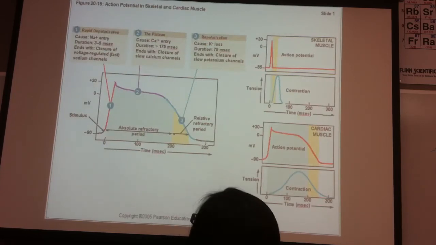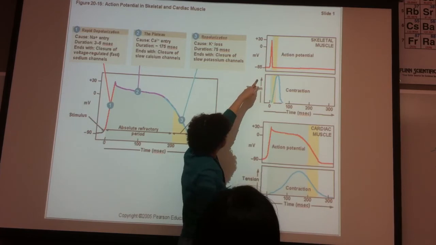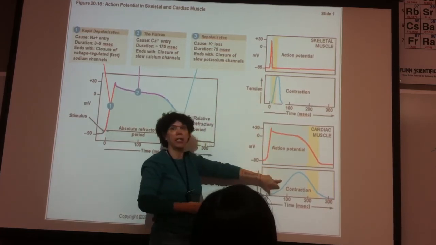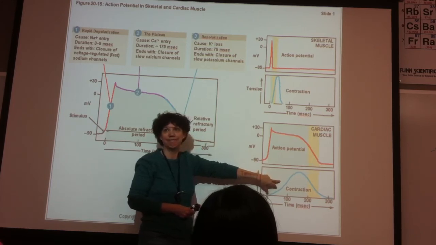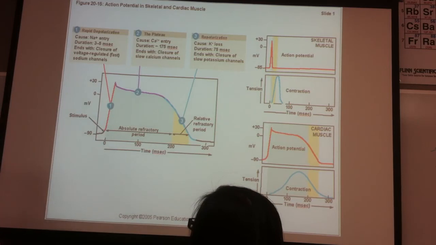If we look at this image, here is the action potential of skeletal muscle and its contraction. Here is the action potential and contraction of cardiac muscle. We would be in dire straits if our cardiac muscle went into tetany.